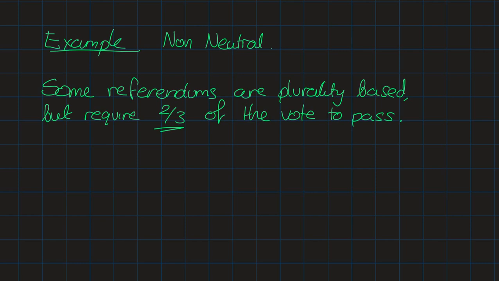You need a bigger majority than 50%. So that means this is not a neutral voting system, because it's harder for the referendum to pass than it is for the referendum to fail.